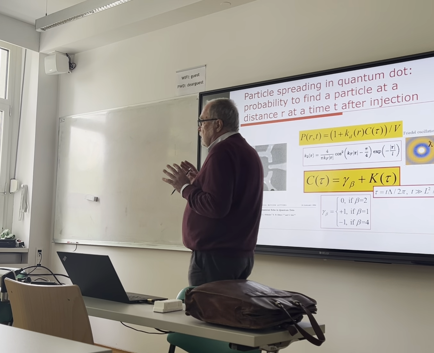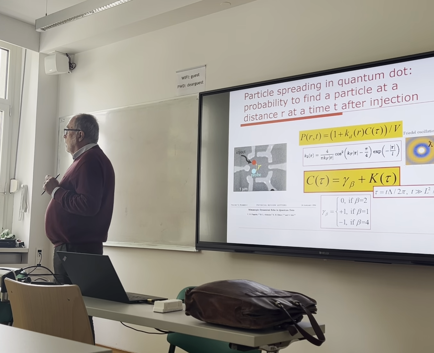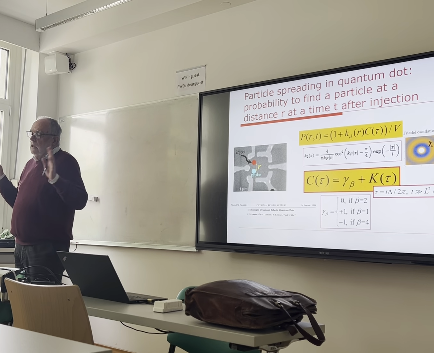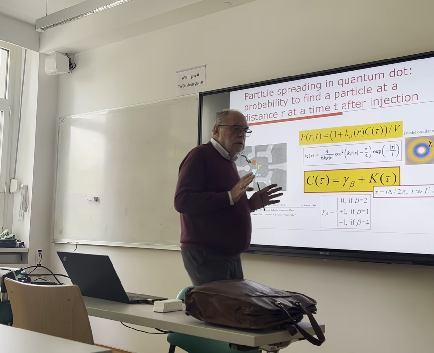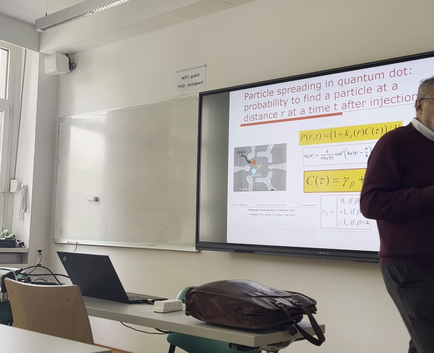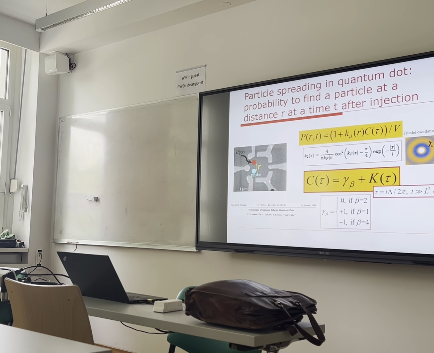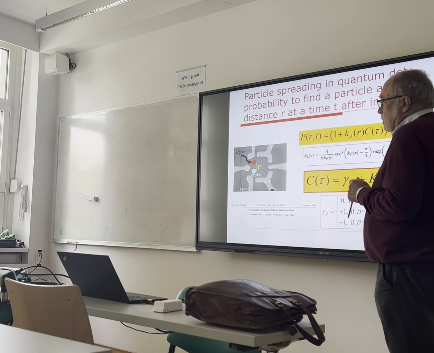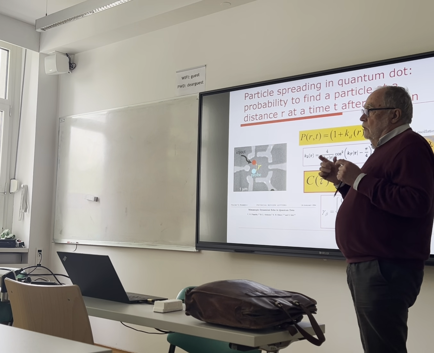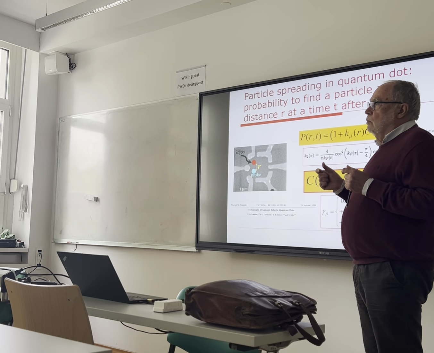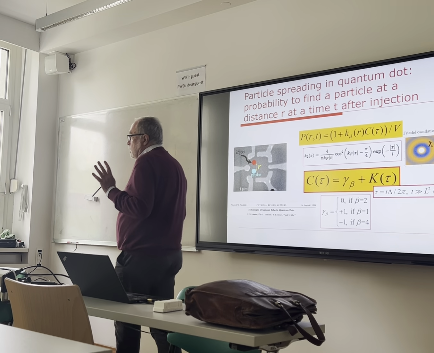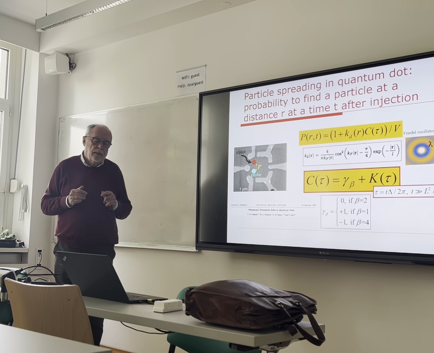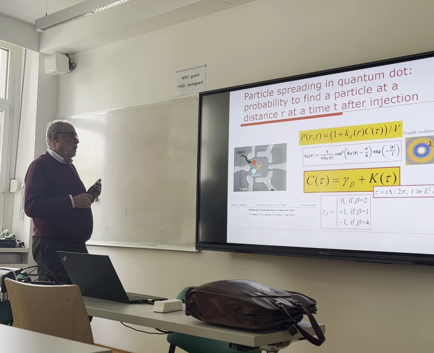For very short times, really times like 10 to the minus 12, this is ballistic motion, ballistic spreading of this electron. Ballistic because for such short times, smaller than the time of scattering with impurities, the evolution is ballistic.